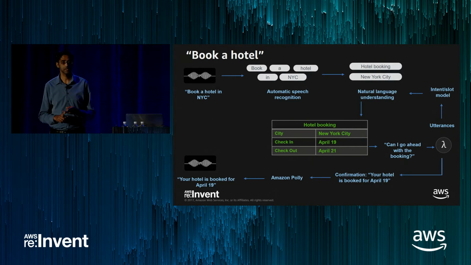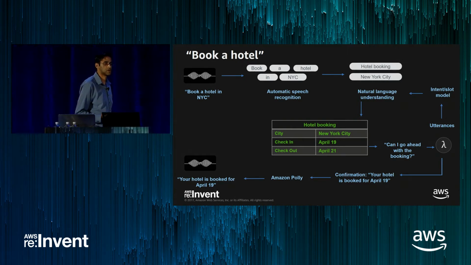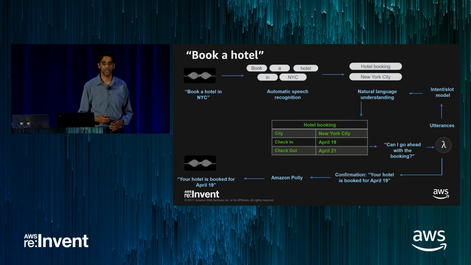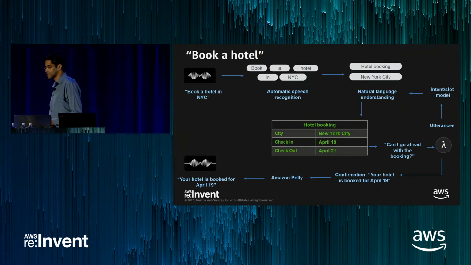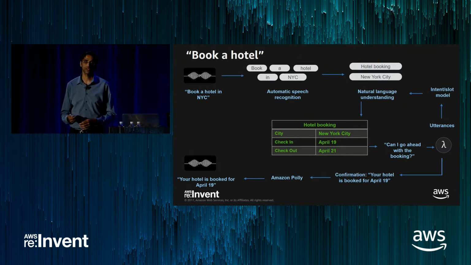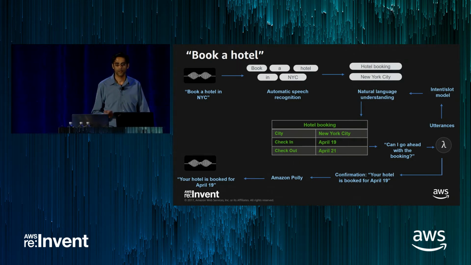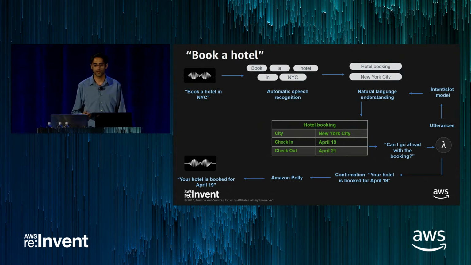What Lex does next is find out the check-in date, the checkout date, and any other piece of information before going on to the next part of the conversation, which is confirmation. So it confirms the intent, asking if it can go ahead and complete the booking. And once the user says yes, it will go ahead and execute the business logic. So that's what it looks like in terms of a sample interaction.